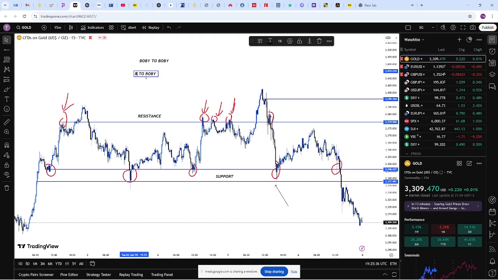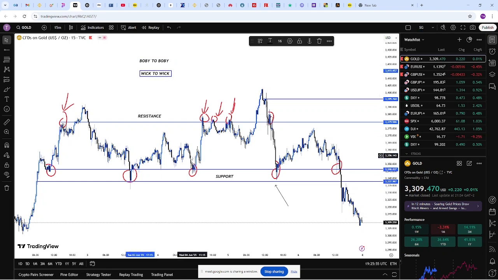We have body to body, then we have wick to wick. So you should know when to draw body to body and when to draw wick to wick.